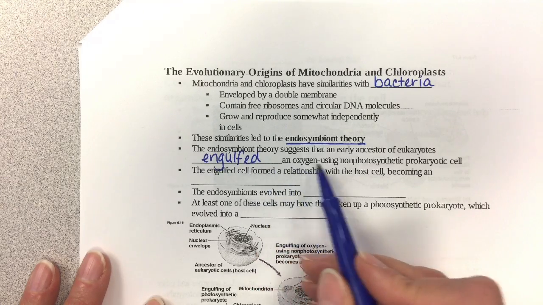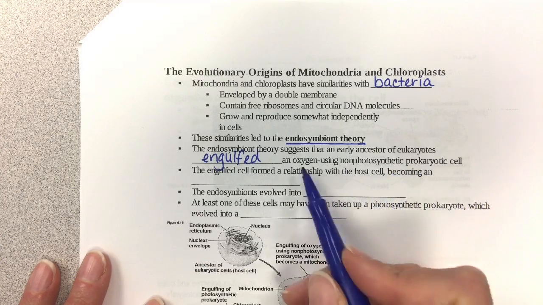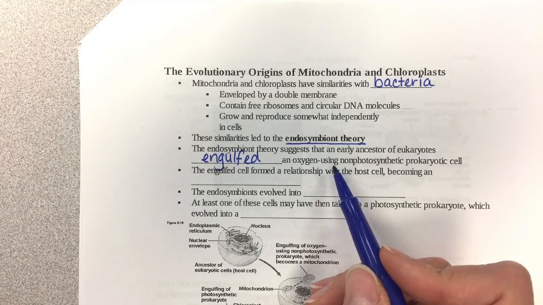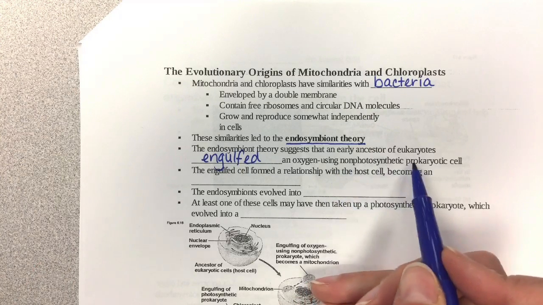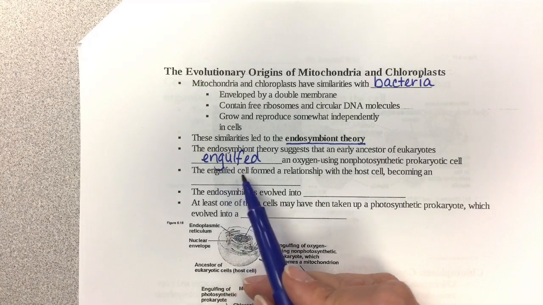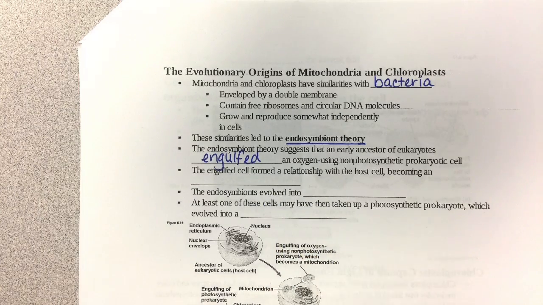So engulfed an oxygen-using non-photosynthetic prokaryotic cell. So oxygen-using, that's like a mitochondria uses oxygen in the process of cellular respiration, and not photosynthetic prokaryotic cells. And then it also engulfed another one that was the chloroplast.